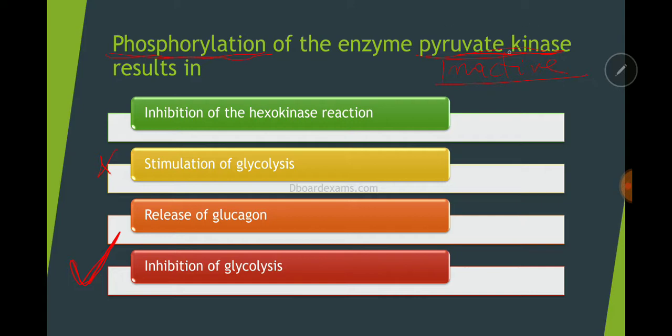So if you inhibit this process, the other substrates such as fructose 1,6 bisphosphate, fructose 6 phosphate, or glucose 6 phosphate, all those are going to accumulate and then they are going to cause feedback inhibition of the enzymes. So glycolysis is going to be inhibited. So remember that, okay?